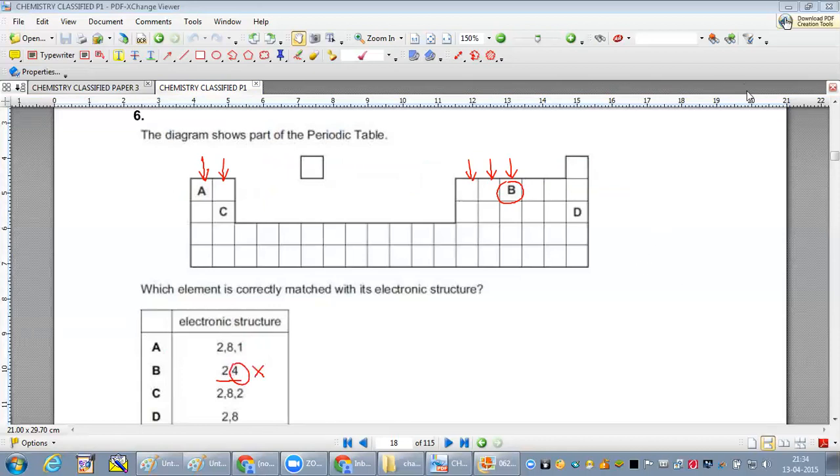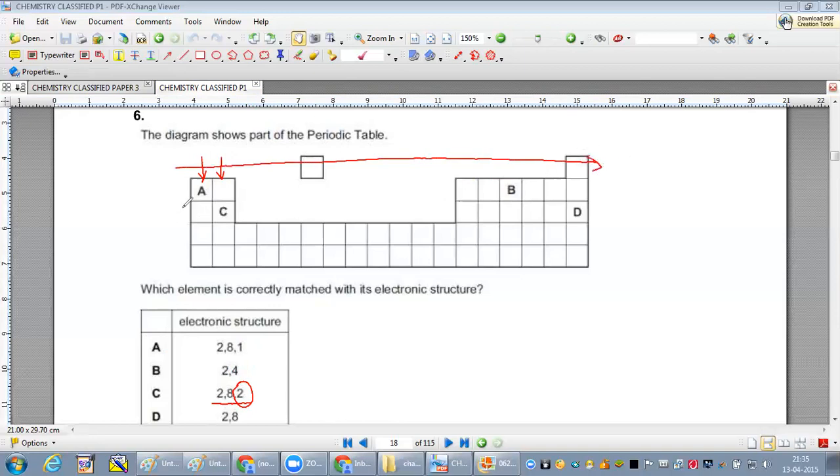Let's look at part C. Its electronic configuration given is 2, 8, 2. Now see, this is your first group, this is your second group. It has 2 electrons in its outermost orbit. And how many shells or orbits are there? This is your first period, so there will be only 1 shell or 1 orbit.